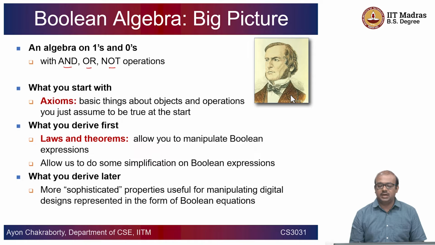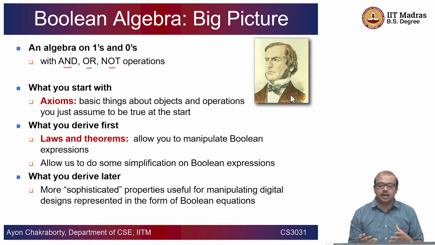So your expressions might not be as simple as just A and B or B and C and so on, but you can possibly have an enormous expression which has a lot of various inputs and different kinds of operations going on between them, and you might need to simplify that particular expression to make sense out of it, or maybe translate that expression into a circuit.